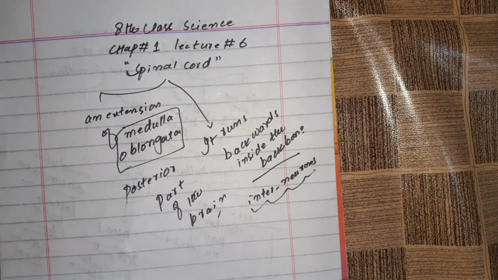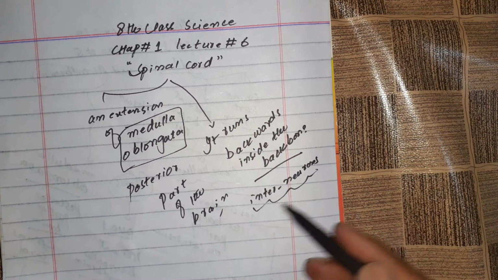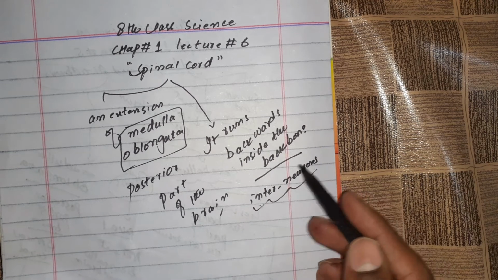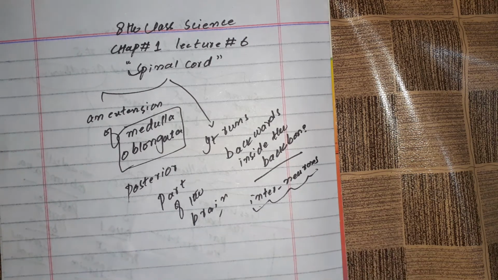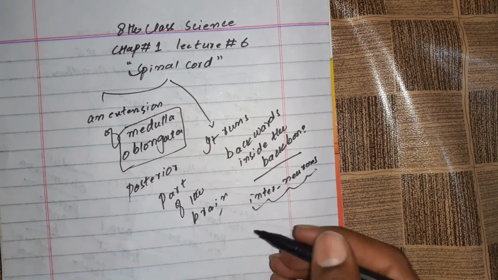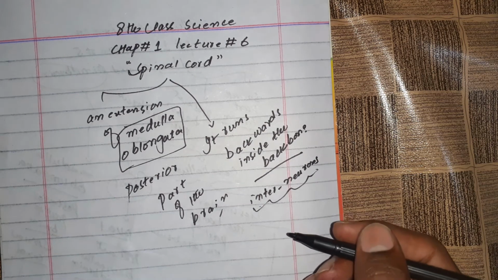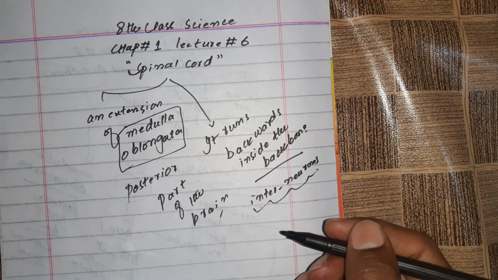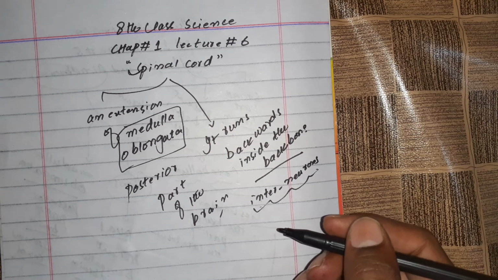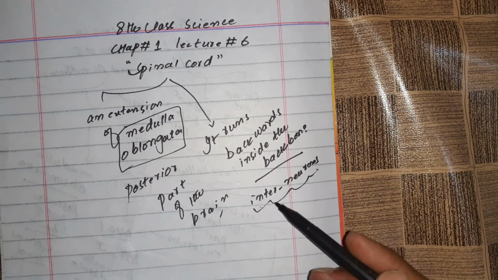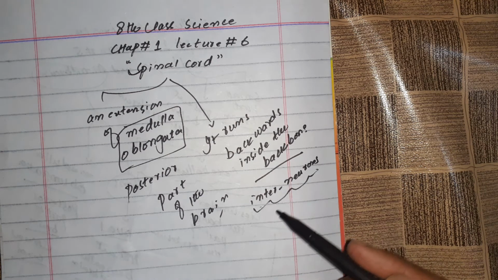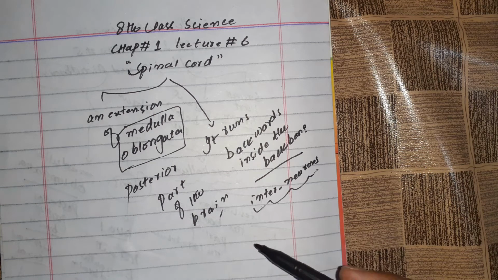One of the types of neurons is the interneuron, which acts as a bridge or a connection between the motor neuron and the sensory neuron. Clear? Well, the spinal cord is composed of many interneurons. Clear?